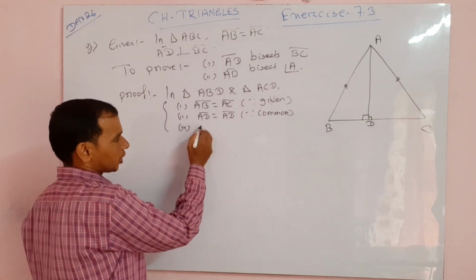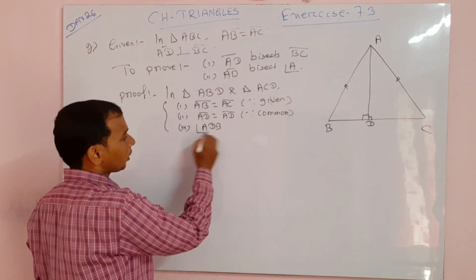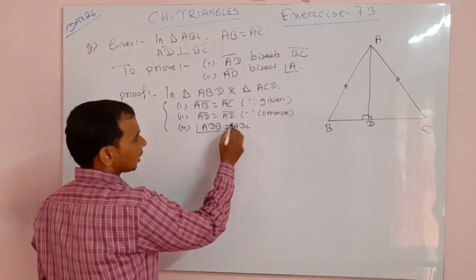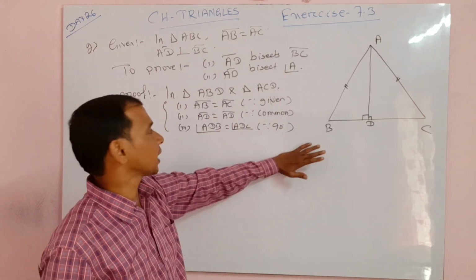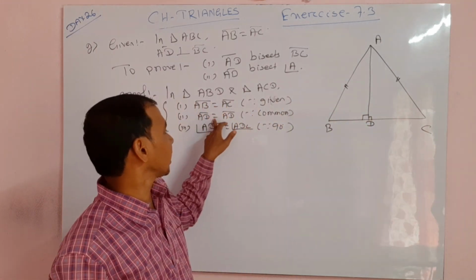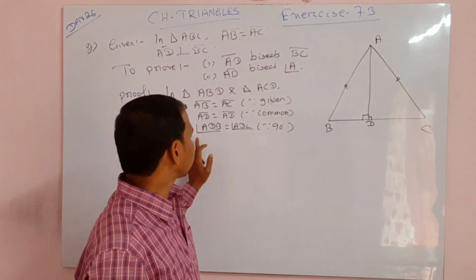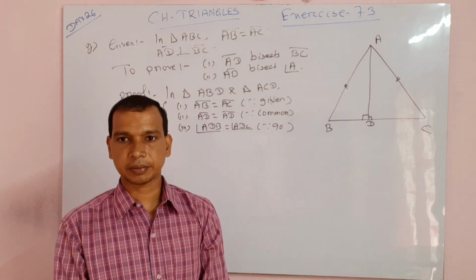And third, angle ADB equal to angle ADC because of 90 degrees. So AB equals AC, AD equals AD, and angle ADB equals angle ADC because of 90 degrees.